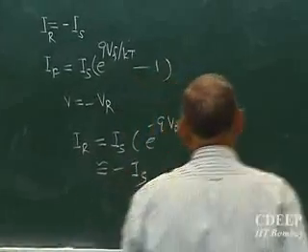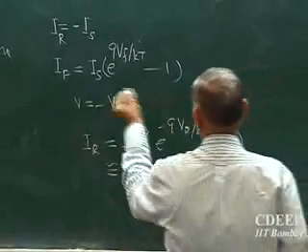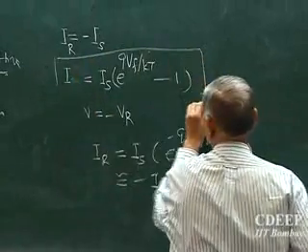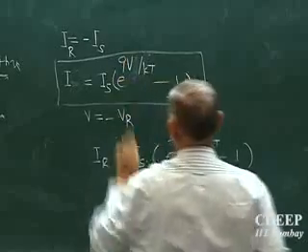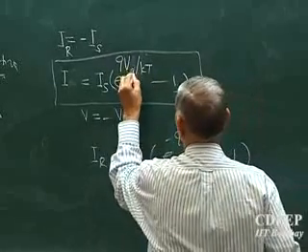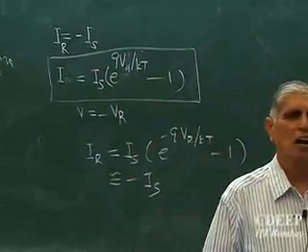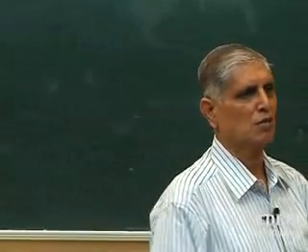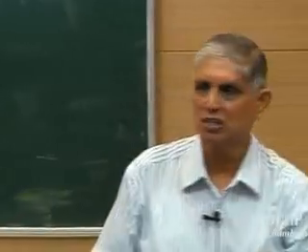Now this means this equation, call it IF or I, could be used as a universal one. Maybe you call it applied. I is equal to Is times e to the power QVA by kT minus 1 is the universal diode equation.